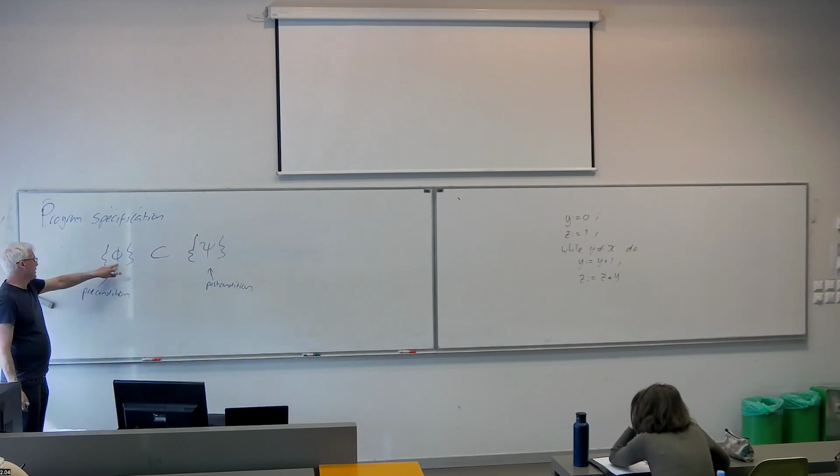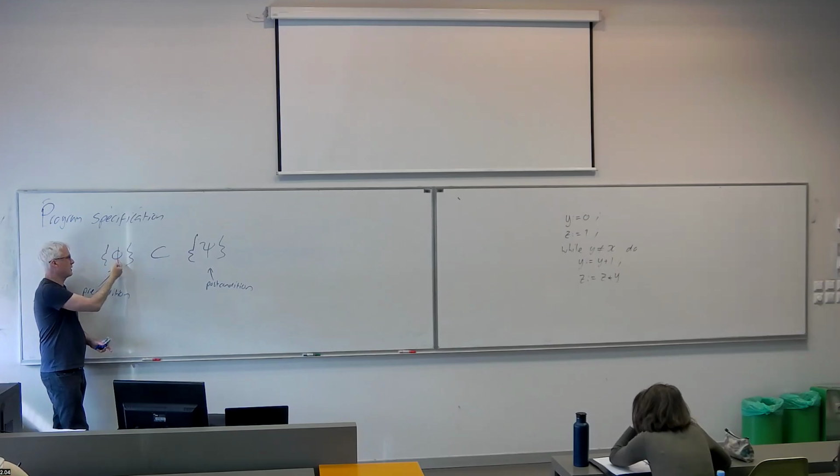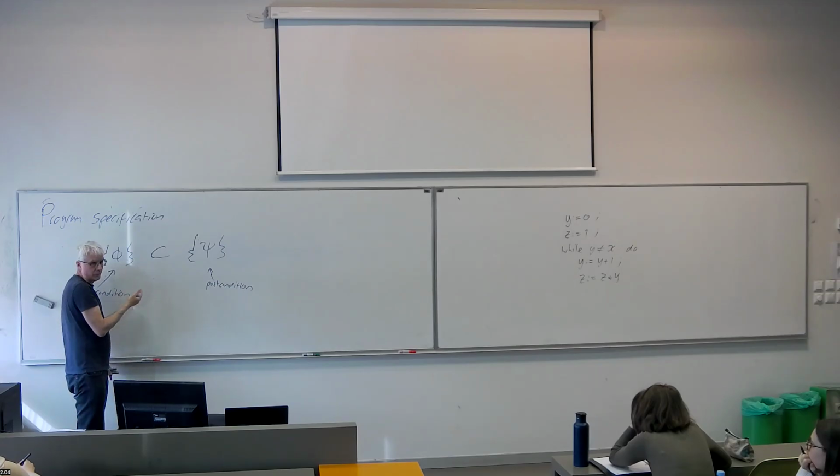And the idea is that these logical formulas will be formulas in first order logic. Let's suppose we've got integer variables. They're going to be formulas in first order logic, or even some richer logic if you like, where you have integer variables and you have whatever language you need for expressing the properties you want of integers. We can allow ourselves an ordinary mathematical language for that.